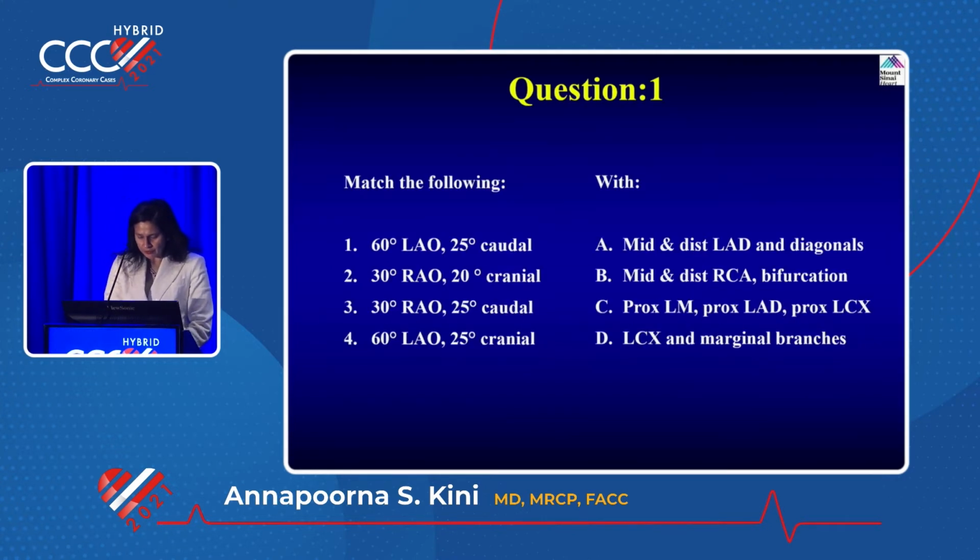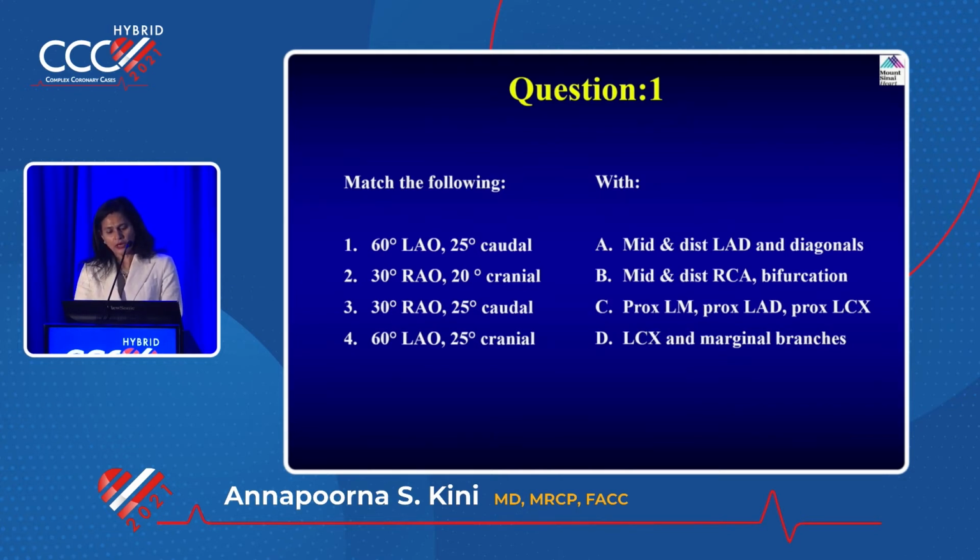Now question 1. This is match the following. Start telling me. LAO 60 caudal, caudal. Which one? Cranial, A, right?